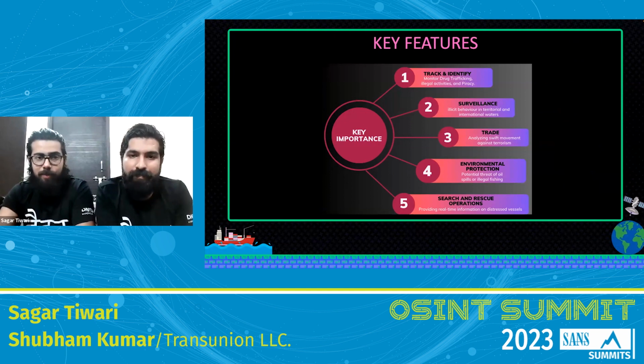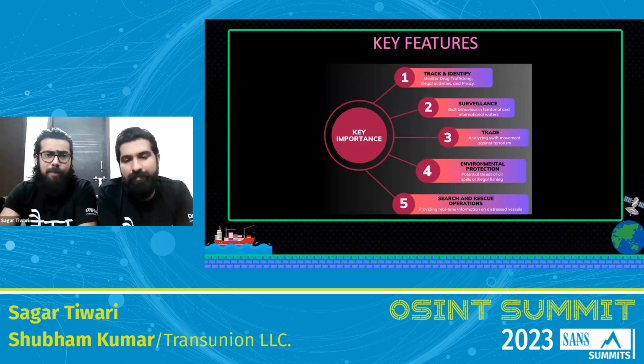So first, understanding the maritime basics and importance. Now we will be focusing on the key features. As we all know, maritime transportation is what we call the backbone of the global economy, with over 80% of the trade happening through the sea routes only. Well, given the current scenario, there is a rising tension among different countries. As Shubham said, there is a geopolitical drama going on out there.